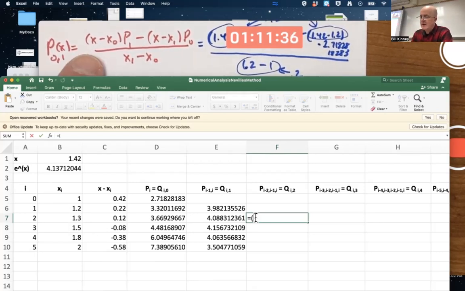is going to do, once again, X minus X0. This number right there. Times, we want to use the preceding column now, column E instead of column D. This number right here, diagonal. For you, from your perspective, it's a diagonal like that, okay?